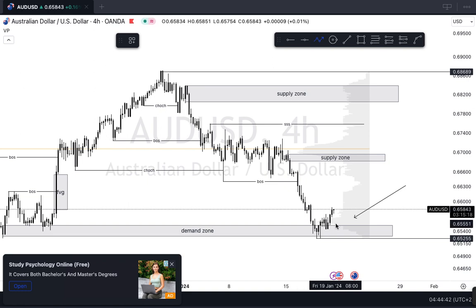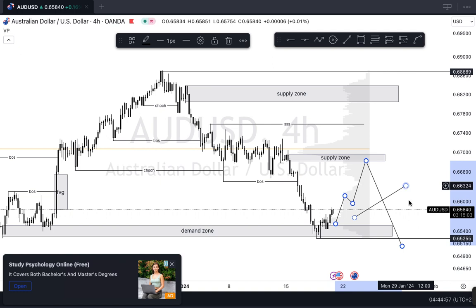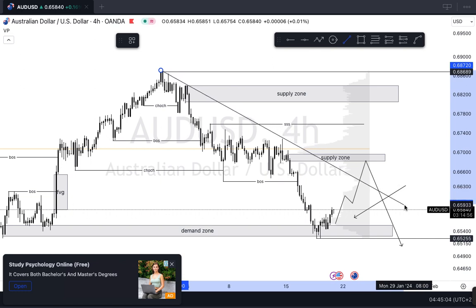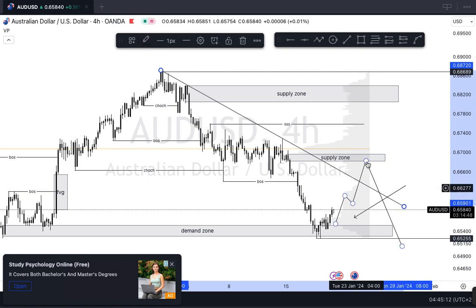Meaning we're expecting a push to the upside, and then from here we might also push to the downside, following the trend. Following this downtrend that just formed here, I'm expecting the market to break out, tap the supply zone, and then probably push to the downside.